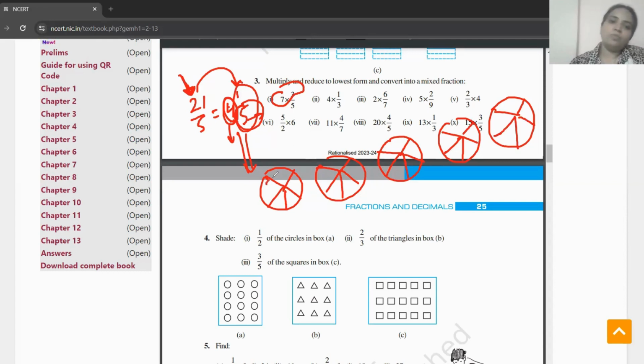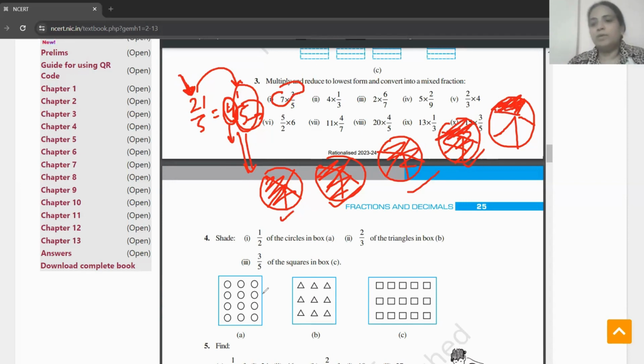Now these 4 wholes are selected, and out of the 5th one, you have only selected 1 piece. If I count these, are they not 21? 5 plus 5, 10, 15, 20, 21. So it is 21 by 5.